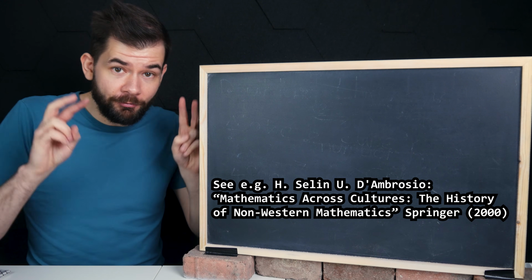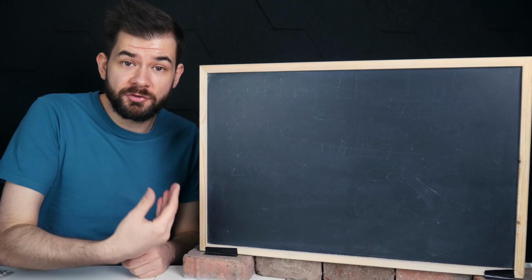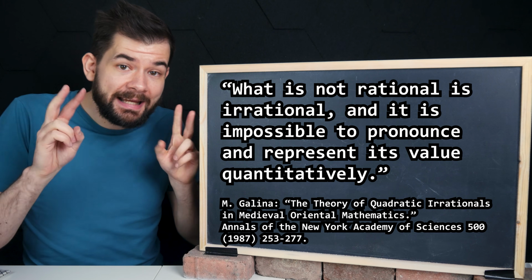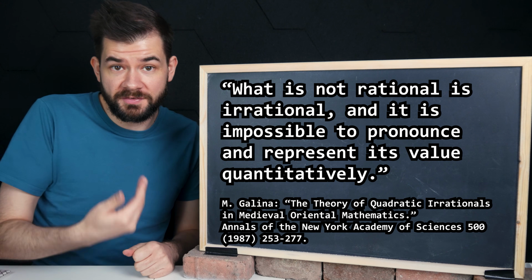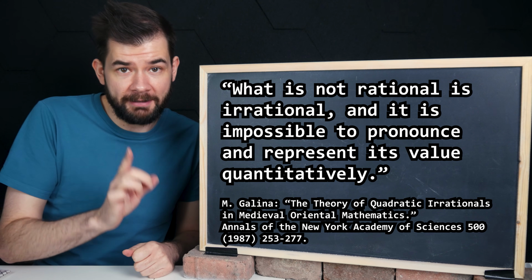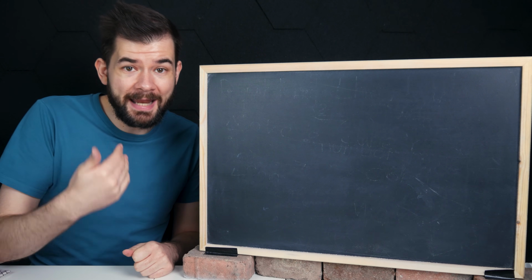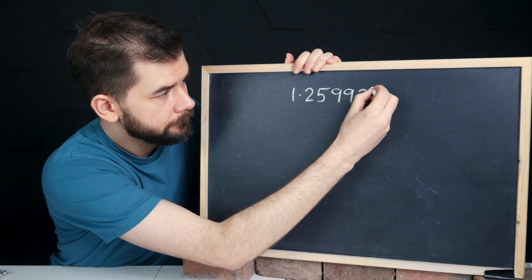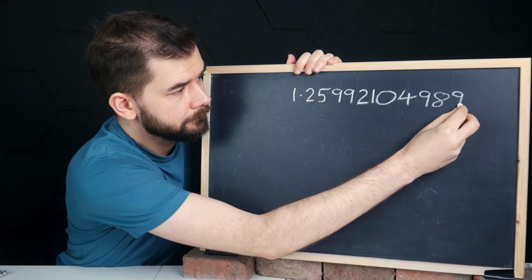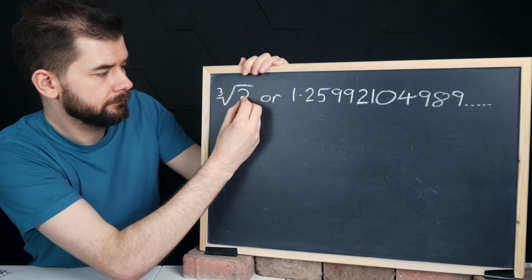Al-Mahani's concept of rational as a number which can be expressed quantitatively, and an irrational as one which is impossible to pronounce and express quantitatively, is close to the modern definition, as irrationals are necessarily those which have a non-repeating, non-terminating decimal expansion. We can't write them down, we just have to use some notation.